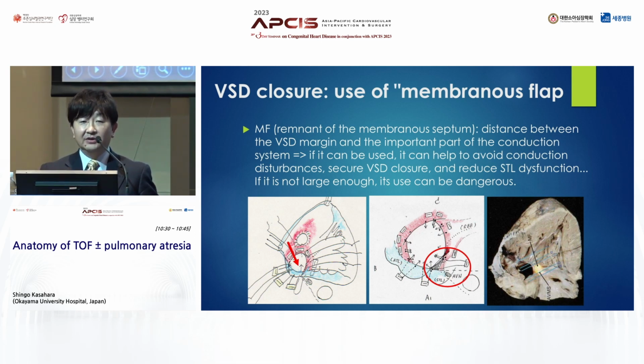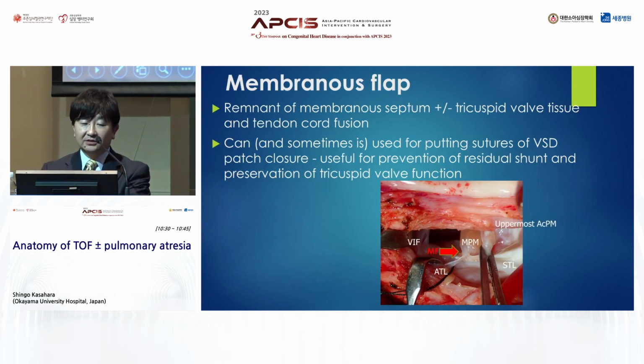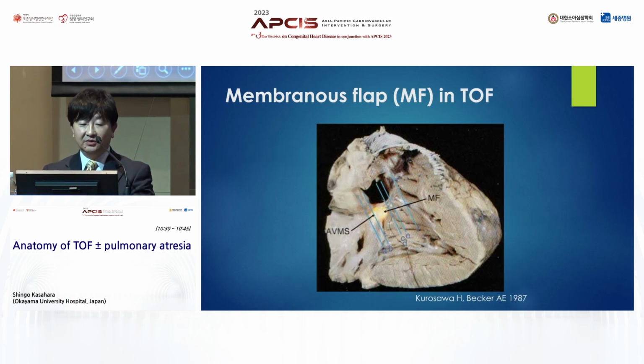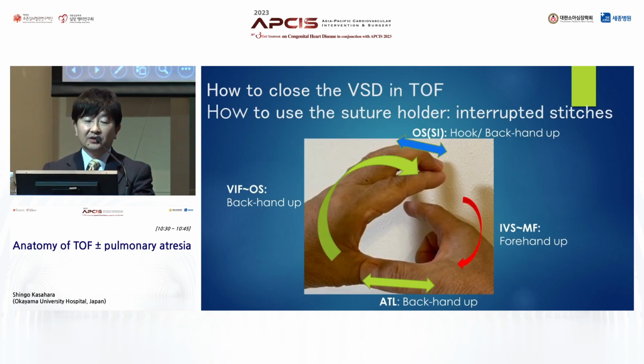So it is very, very important to know this area, and also the conduction system is away from here. How to close the VSD in tetralogy of Fallot, with this hand sign again.